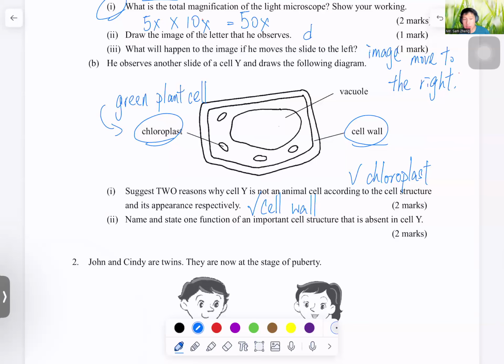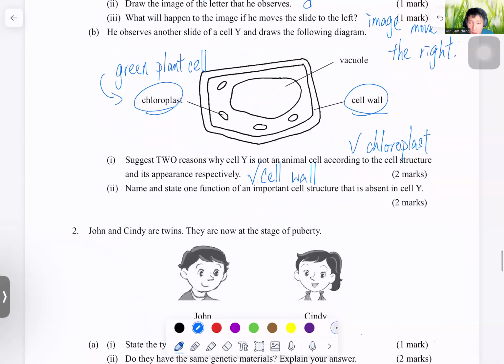Apart from that, what structure is missing?